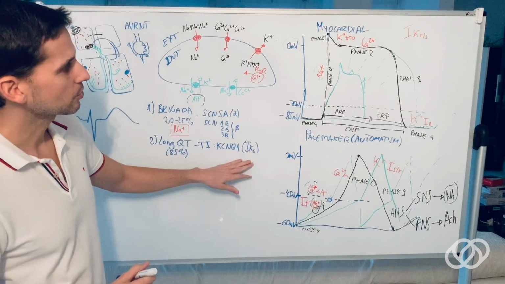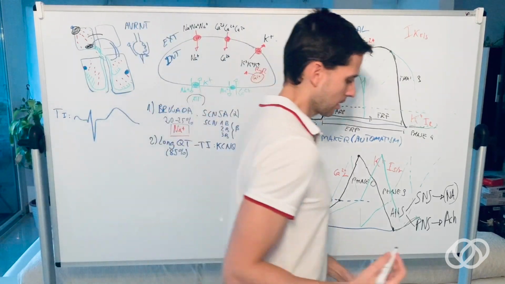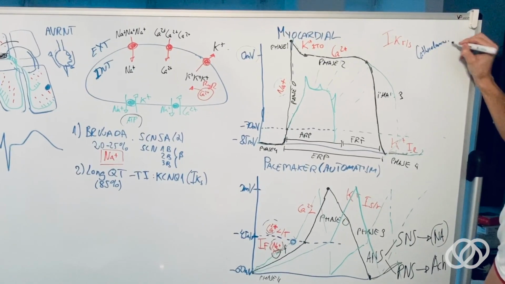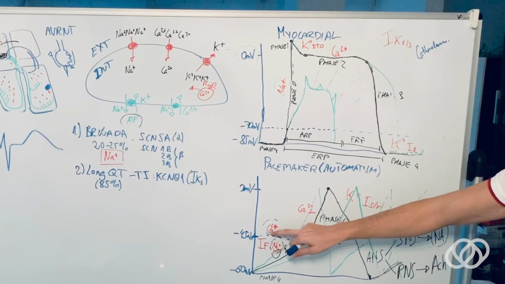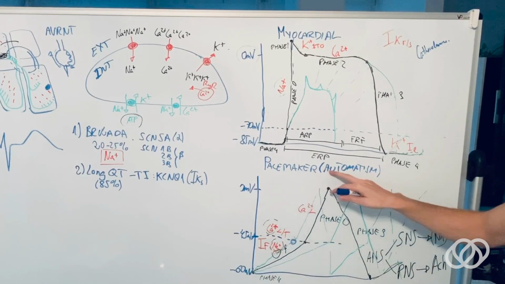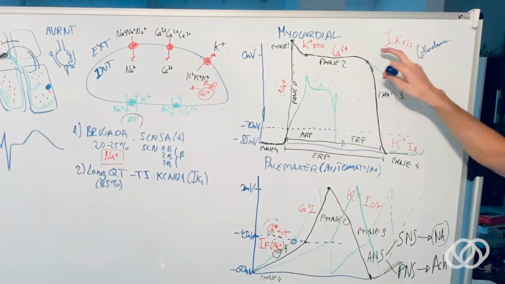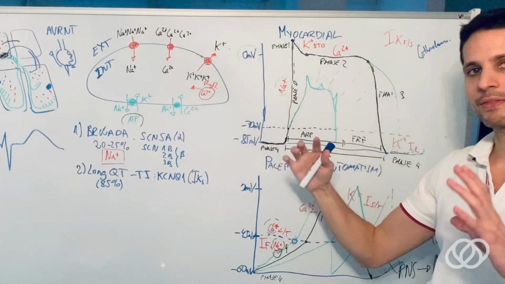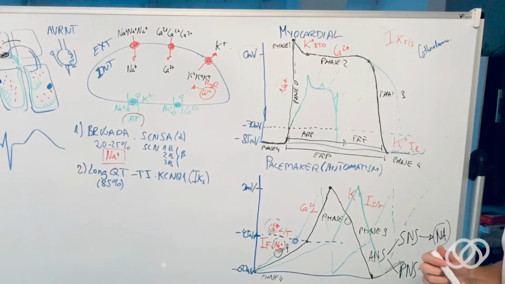If we give catecholamines to a patient, we have said before that they are going to increase both calcium and sodium in the pacemaker cells, so they are going to increase the heart rate, but they will also put more calcium in, so that the heart can contract with more strength.